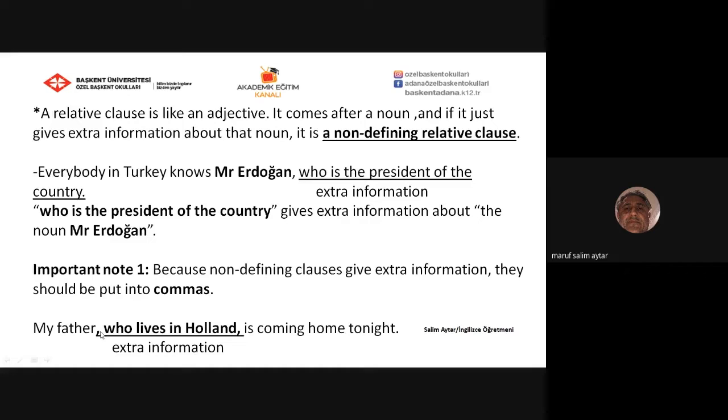My father, who lives in Holland, see, I'm giving information about my father. My father, who lives in Holland, is coming home tonight. This extra information, or non-defining relative clause, must be put into commas.